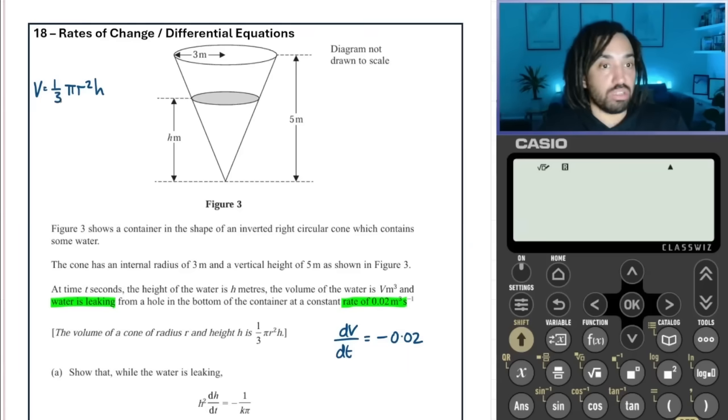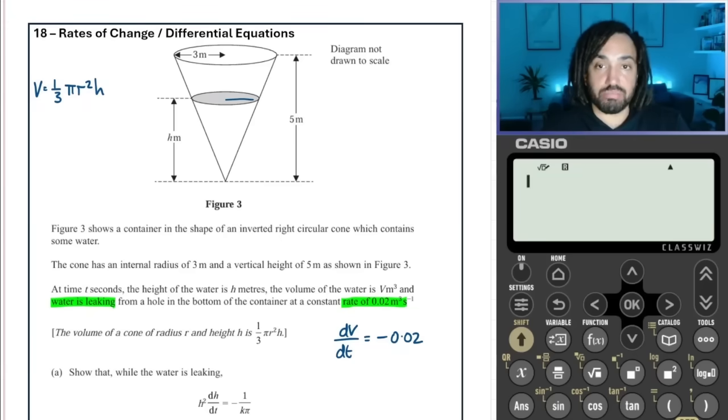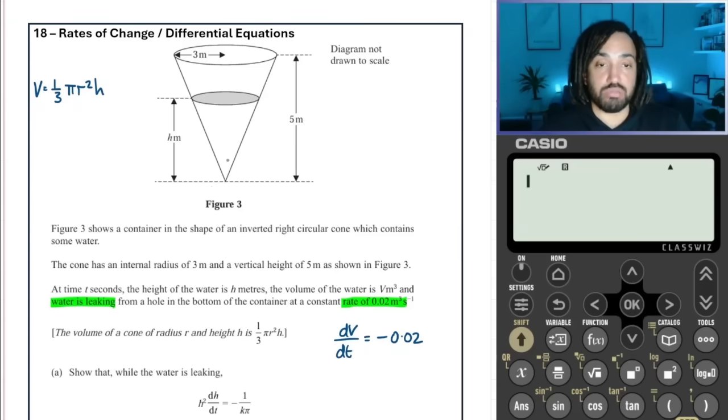Now, we can't differentiate this yet because r is variable. The radius of the water changes as the water goes up and down. But what we do know is that the radius will always be in proportion to the height. The higher it goes, the larger the radius, and vice versa. And the proportion will be the same when it is full, which we do know.